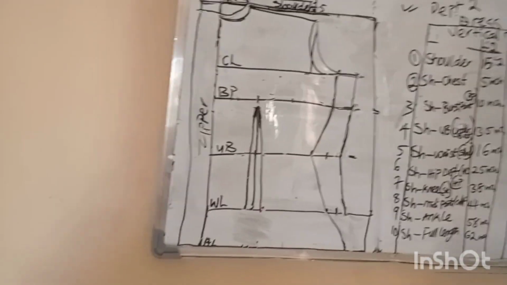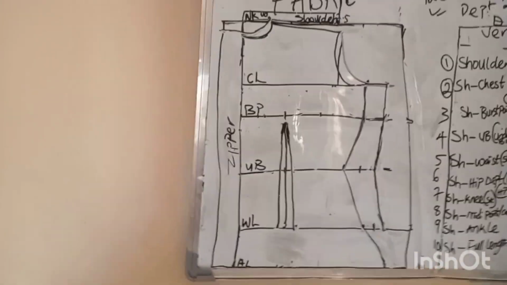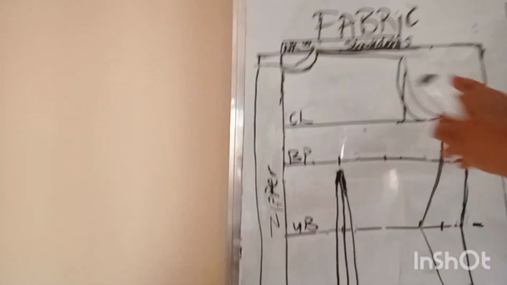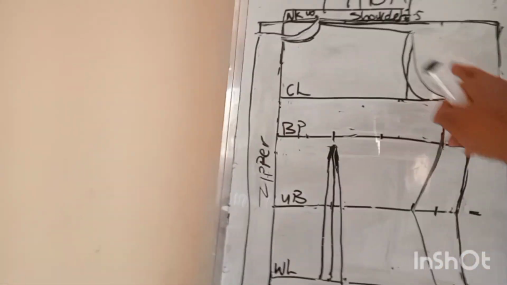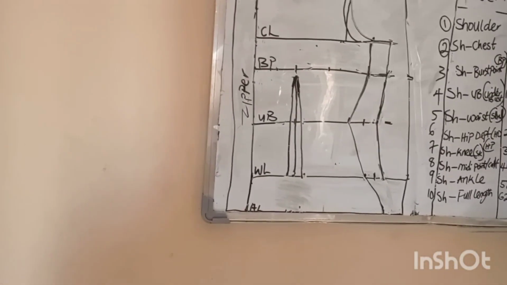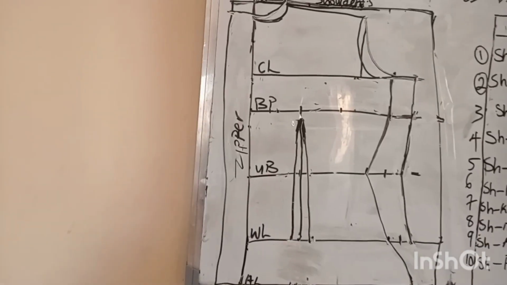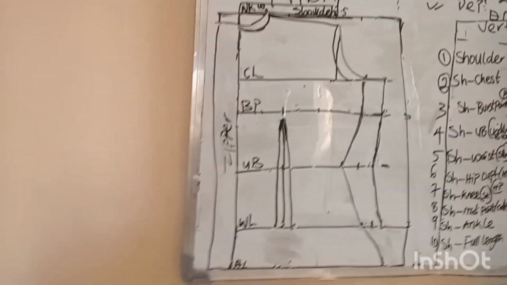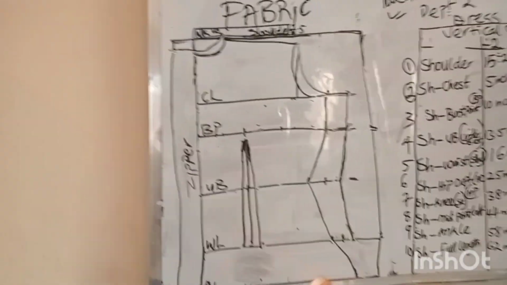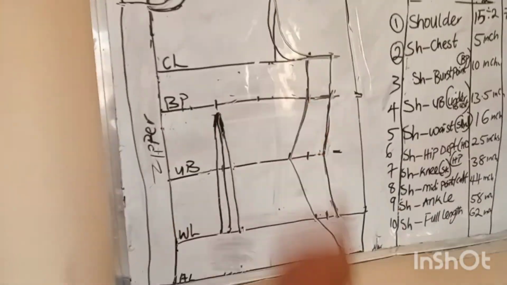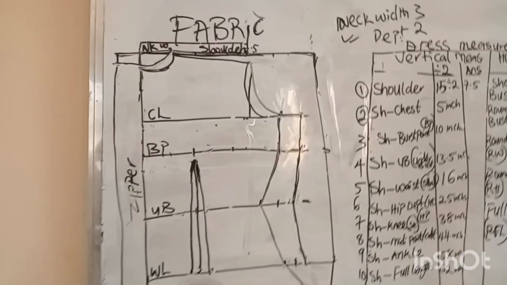What you're going to do is introduce a fresh paper, right? Take the same measurement that you did for the front, okay? And then you can as well go ahead and trace this out on a fresh paper. Then what I want you to take note of is the front armhole line, right?